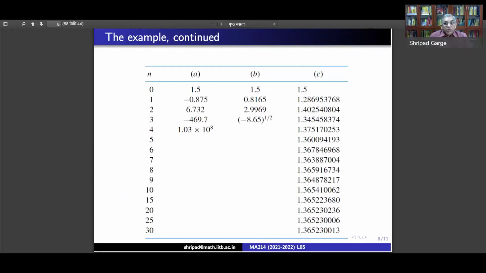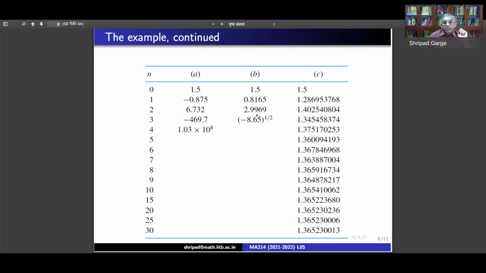Next time it is going to 6.732, so it has become bigger in magnitude, and it is still outside 1 comma 2. The third iteration is minus 469.7, which is very big, and the next one is some 10 power 8. So that is likely to be a divergent sequence. That sequence does not converge.